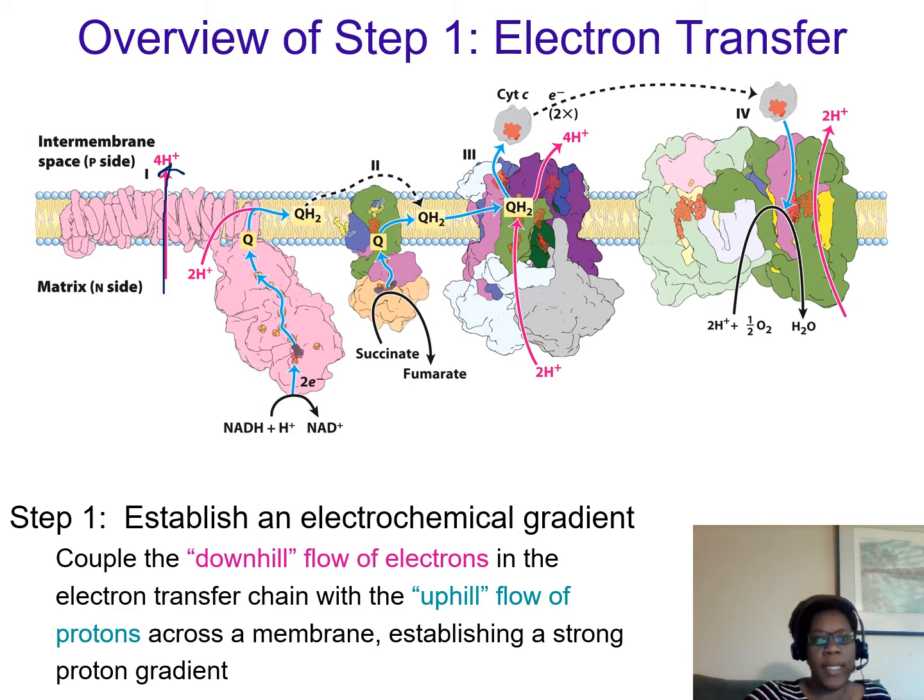So we're going to see electrons transfer from NADH and also FADH2 to other electron carriers. When you do that, you're going to release a little bit of energy, and that energy is going to help to pump protons into the intermembrane space. And so this happens, let me just erase this. This happens in 4 different complexes.